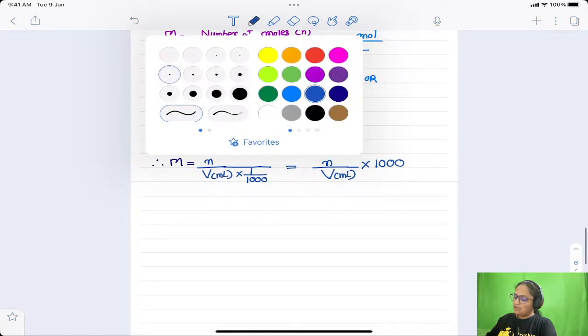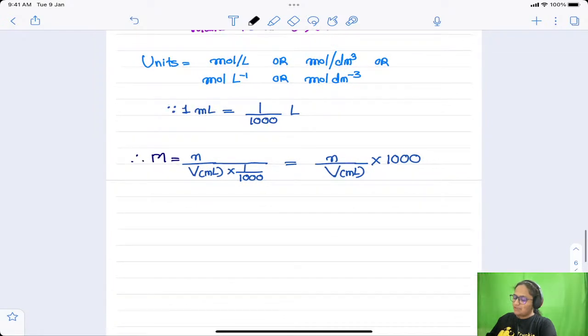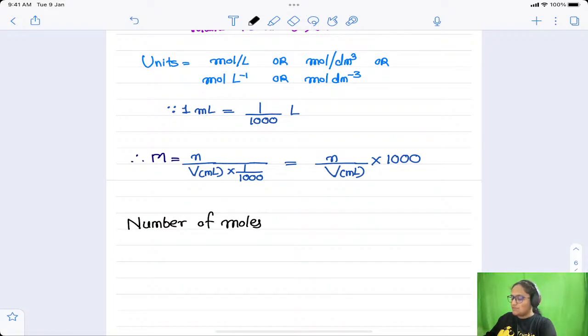Now one more formula here I will write down, that is number of moles, denoted by symbol small n. In the first chapter of class 11 we have seen all these formulas. I am just writing again for revision purpose. Number of moles is equal to given weight divided by molecular weight.